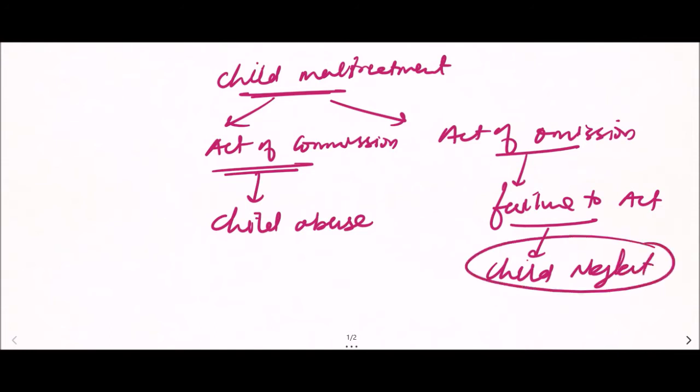Now this child neglect can be in the form of not providing nutrition, not providing education, or not providing treatment to the child. Child neglect can be in various forms. Now the term child abuse is further divided into various forms.